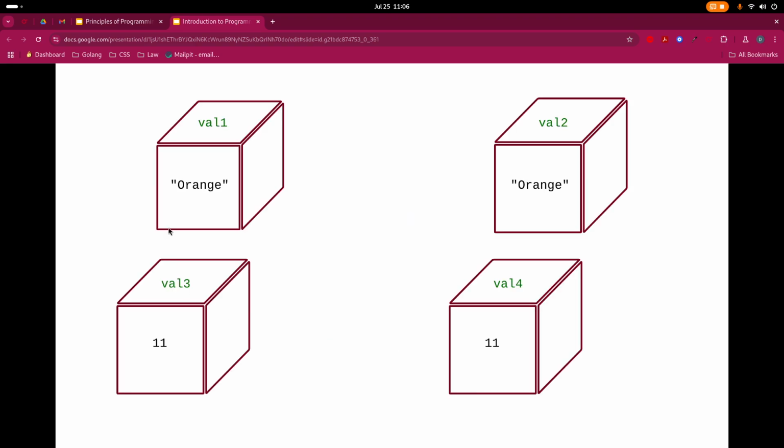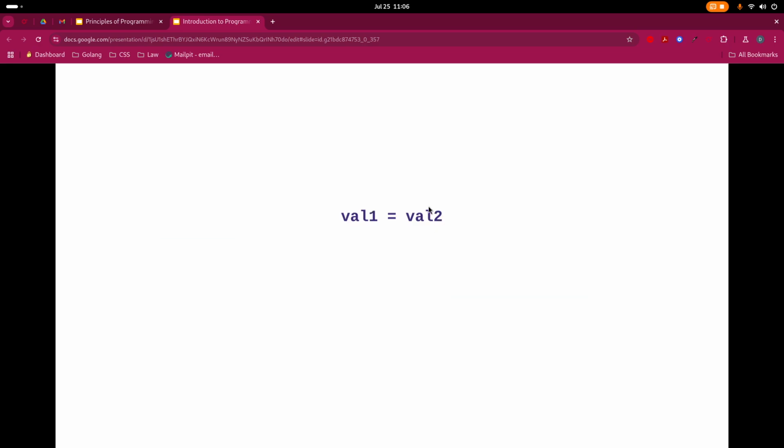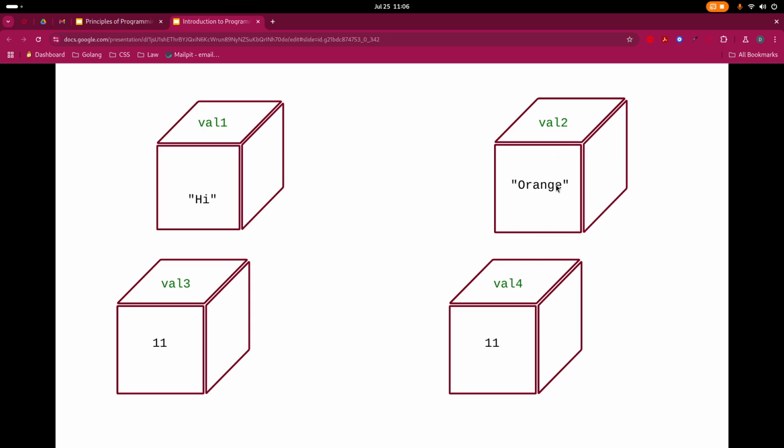We have orange and orange, which should make sense because you're taking what is in val2, which is orange, and putting it into val1, which currently has high. But remember, moving one value into another box destroys the current value that is in there. And that's why we get orange, orange.